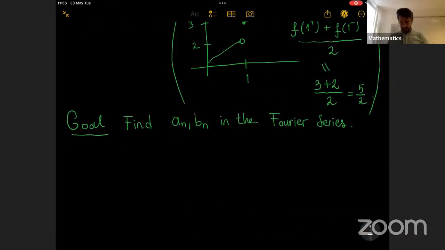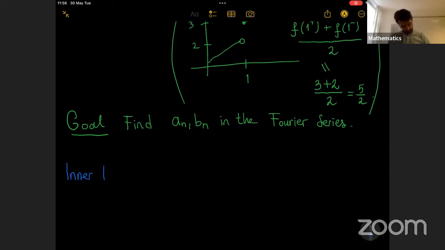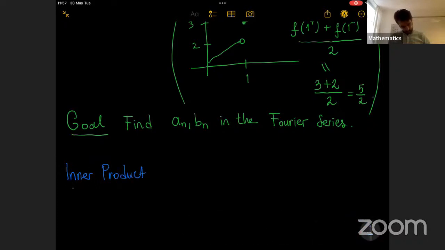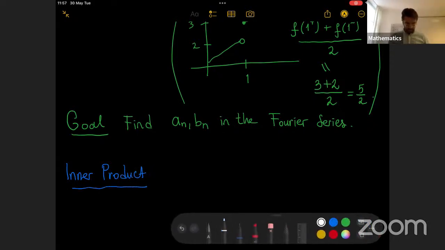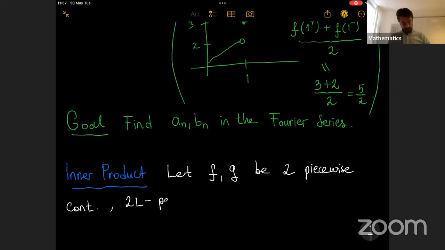Well, to do that, we need to introduce inner product. So let's take two periodic functions, f and g, be two piecewise continuous 2L periodic functions.